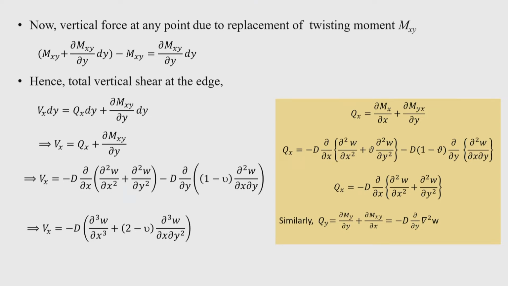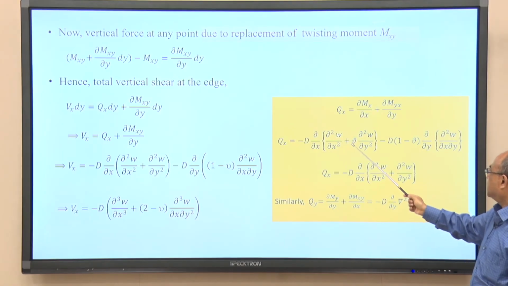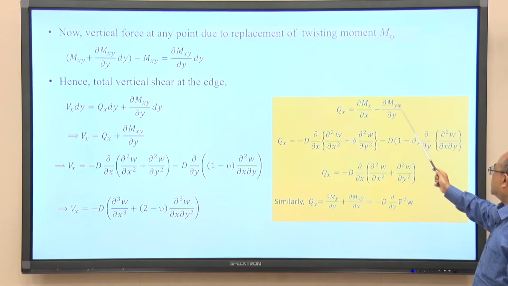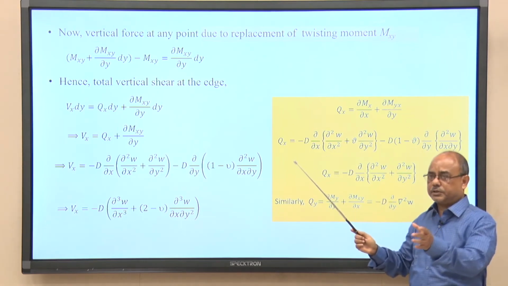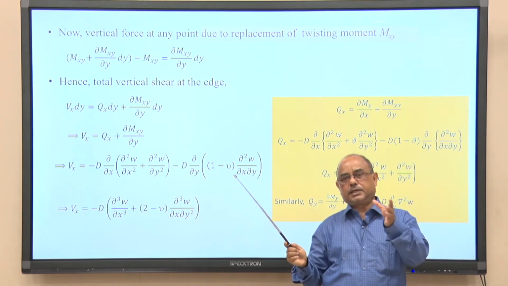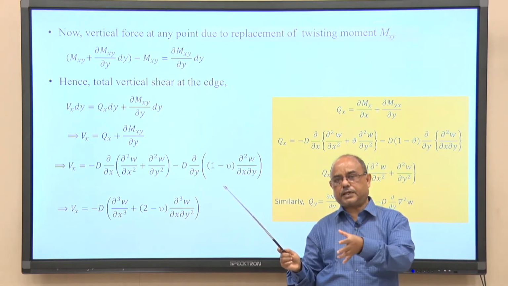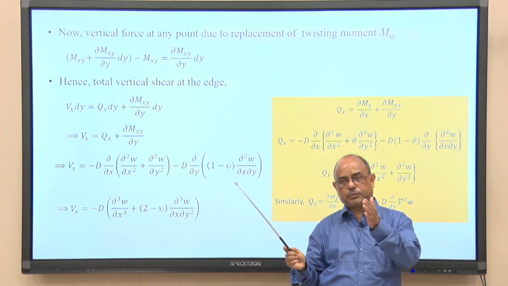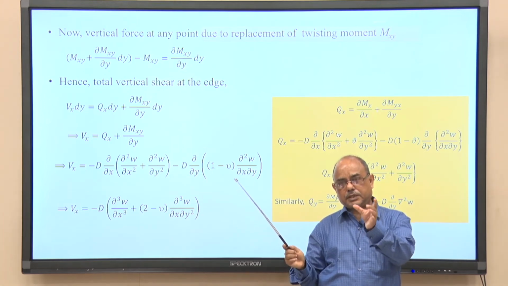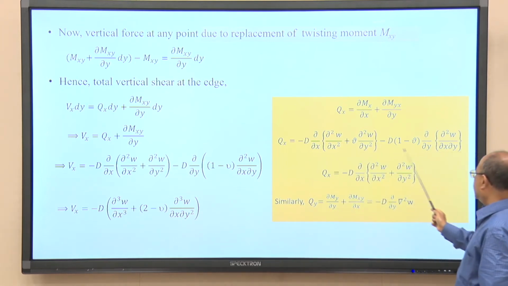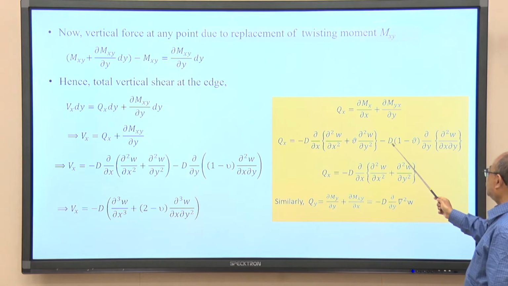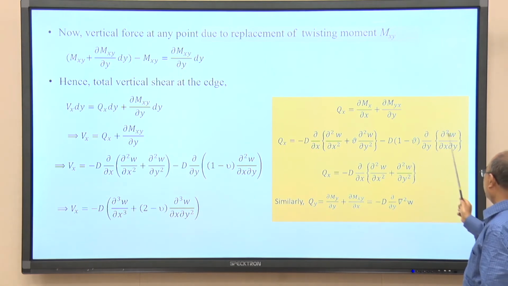So, the first derivative of the bending moment is taken, and then the first derivative of the twisting moment is taken. With the twisting moment expression, that is the twisting curvature del square w by del x del y, you know that a term D into 1 minus nu is associated. So, this term is there again, and it is minus D 1 minus nu, and the derivative of the twisting curvature is taken with respect to y.